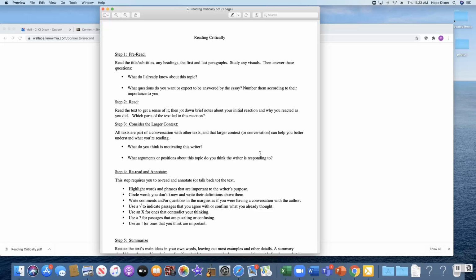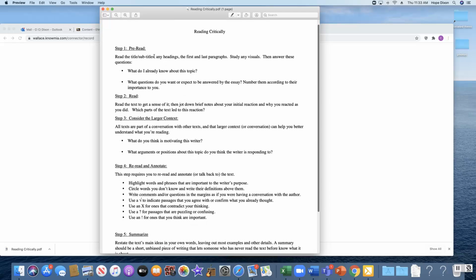So, step number 1 here is to pre-read. Now, what that really means is just looking at titles, subtitles, any sort of headings or divisions that might be in the article, any visuals.